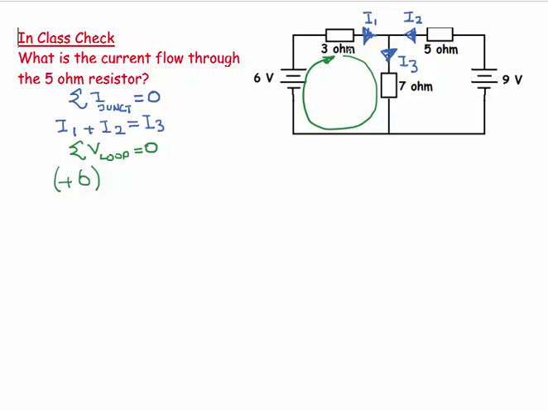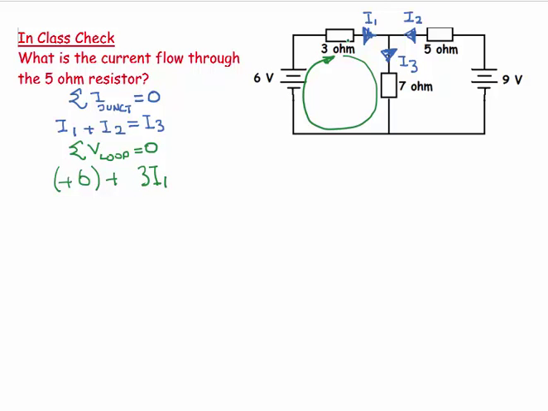Well, there's other parts to this loop, and these are potential differences, and the voltage drop across them is IR. Well, I can see this is going to be I1 because that's the current flowing through this 3 ohm resistor. So this would be I1 times 3. Well, let's put it down as 3I1.